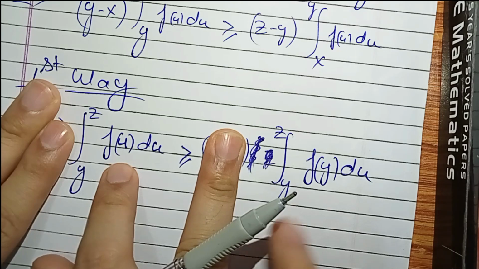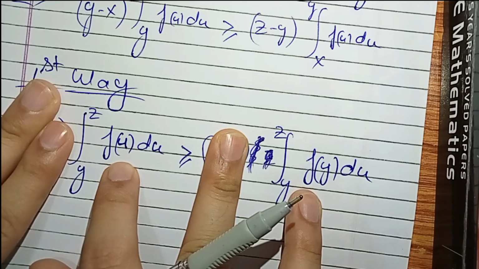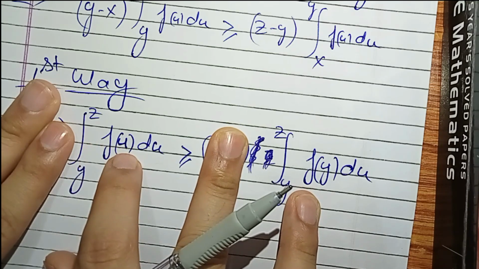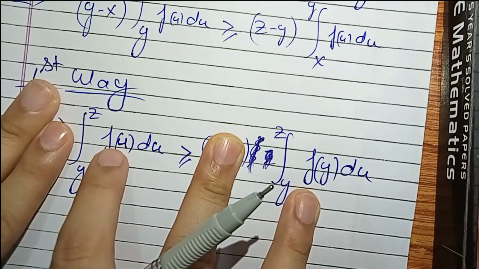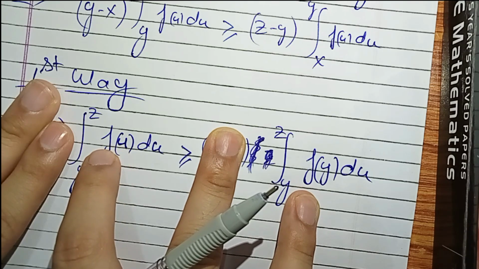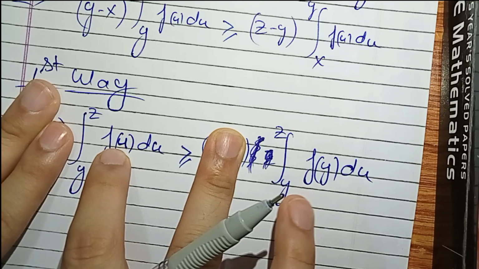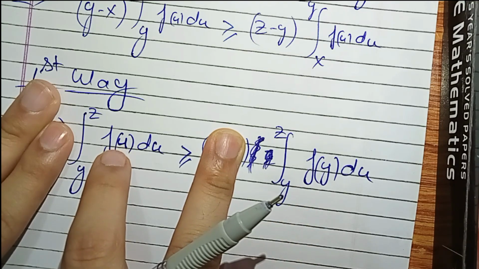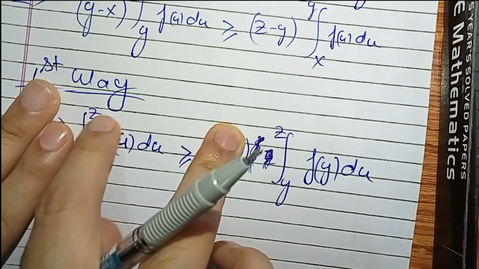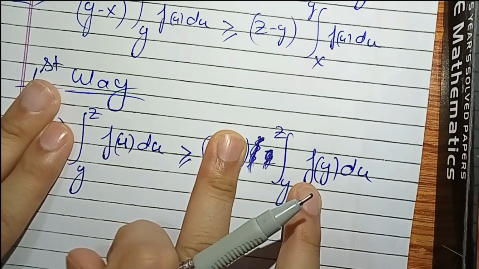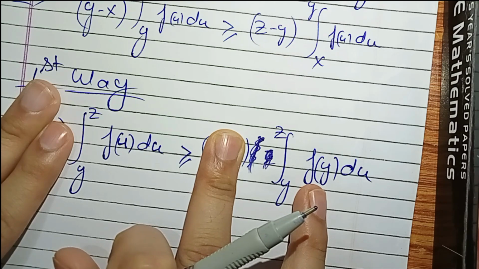This integral is greater than this integral. The reason being that this f(u) will take values between y and z, which are greater than or equal to f(y), of course. The values that the function f takes between y and z are greater than f(y). Reason being, it's non-decreasing, that is increasing.